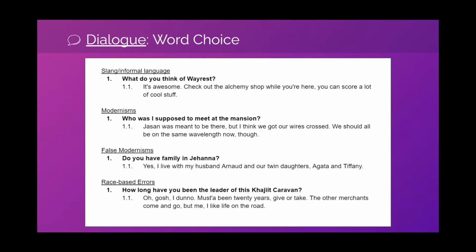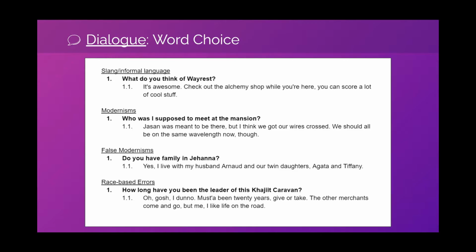So, if you have a Khajiit who does speak with personal pronouns, that has to be a character trait that is discussed. The player should be able to say, wow, you don't talk like other Khajiit, and the Khajiit caravan leader could explain, yeah, I was actually raised in Daggerfall or whatever. And then you have a backstory, but if you do not have that sort of backstory and explanation, it's just going to come off as wrong.